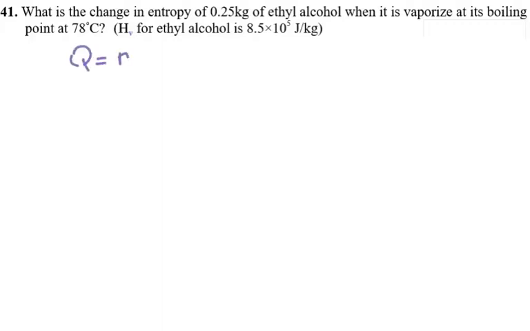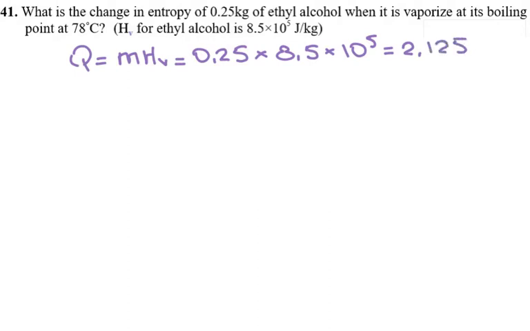It's the mass of the alcohol and the H vapor. So the mass is 0.25 and the H vapor is 8.5 times 10 to the 5th. That will give me 2.125 times 10 to the 5th joules. That's the energy needed to vaporize that amount of alcohol.